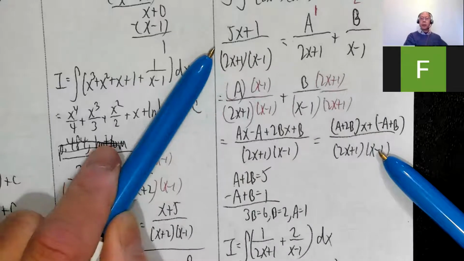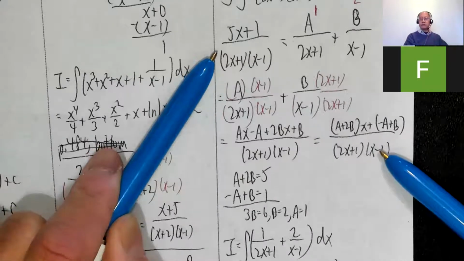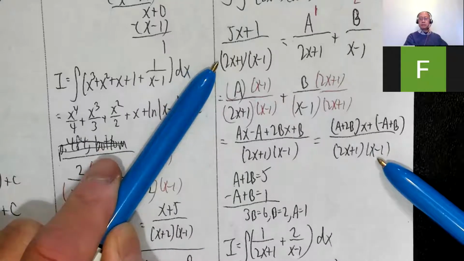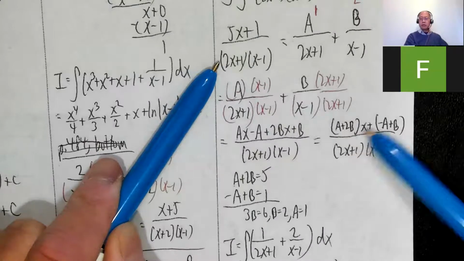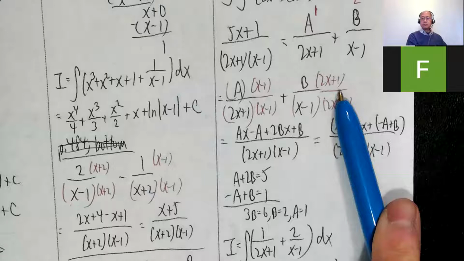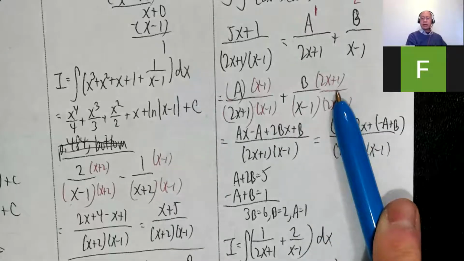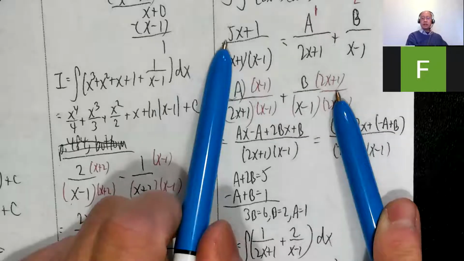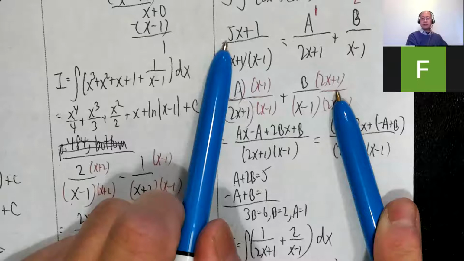Here's my original. Here's what I have. How can I get these to match? Well, the bottoms already match. Top has to match. So again, look at the numerator. This is the coefficient of x, so cover it up. Whatever's behind my pen, can you guess what it has to equal? Since it's a coefficient of x, it has to equal this coefficient of x, 5.